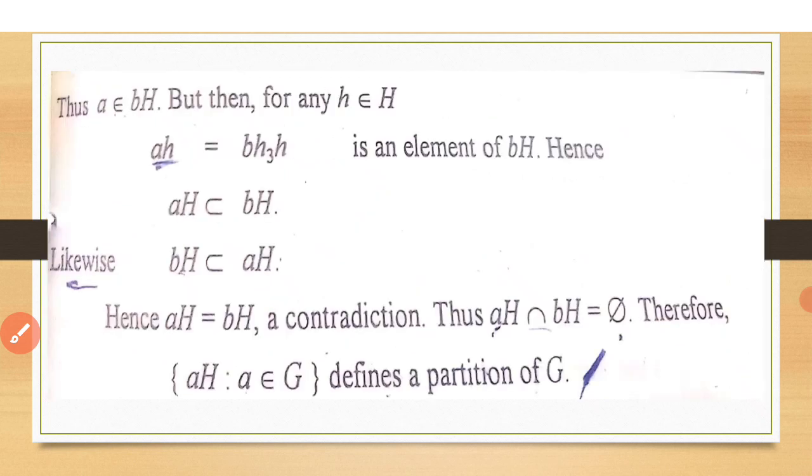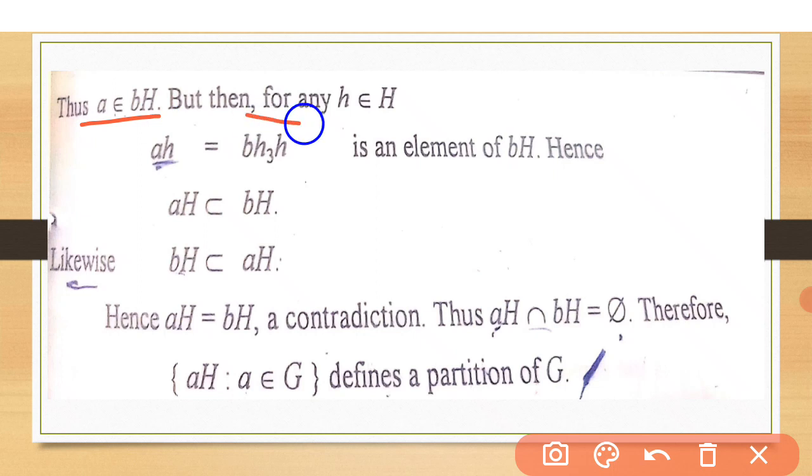Here we see that it means A belongs to BH, and we told earlier that we multiply A to H, and that was the element of AH, which was one subset, and BH was another subset.